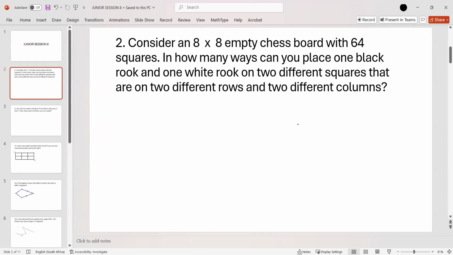You can call this rook any piece you like. You want to place one black rook and one white rook on two different squares that are on two different rows in the same column, and two different columns.